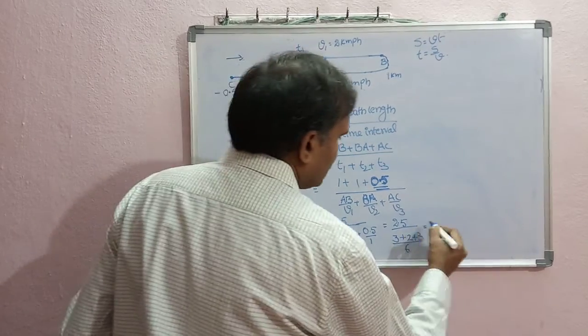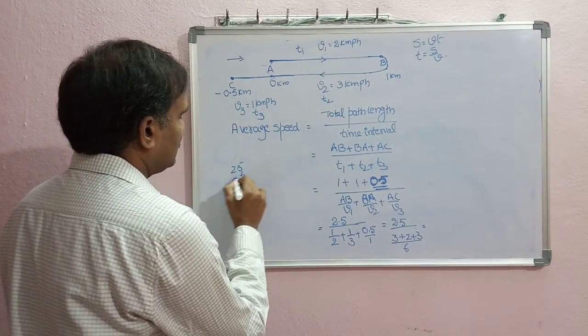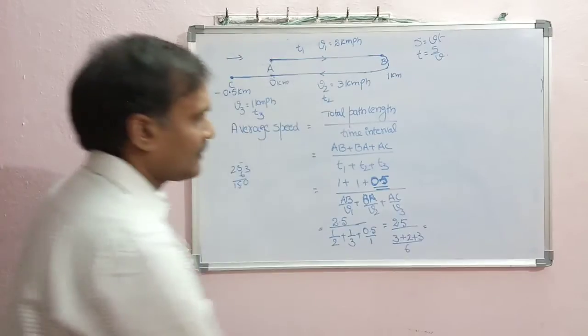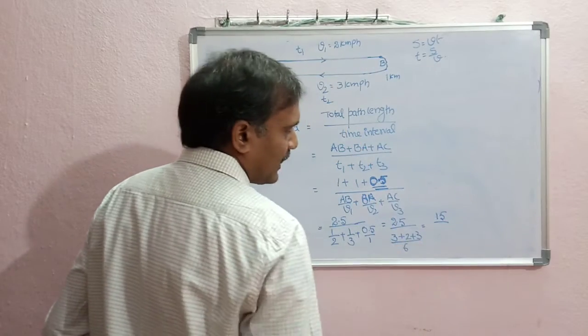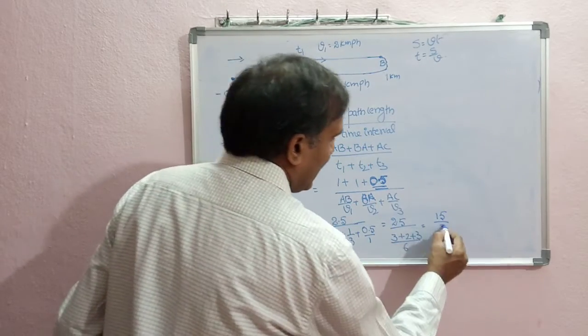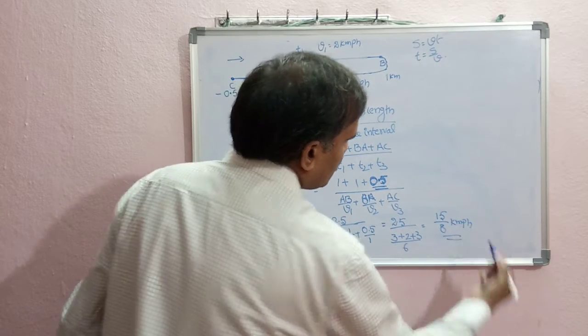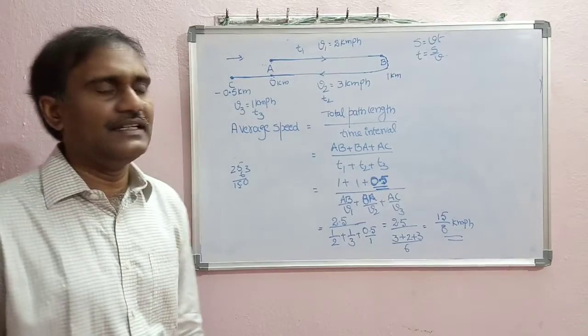Then 6 into 2.5 is 15, divided by 3 plus 2, 5, 5 plus 3, 8 kilometers per hour. What is the average speed? 15 divided by 8 kilometers per hour.